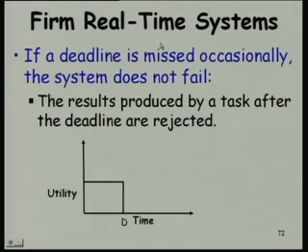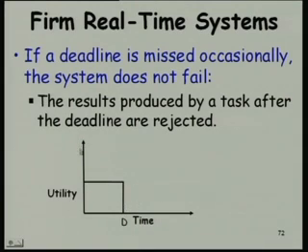A firm real time system is one where even if sometimes a deadline is missed occasionally, the system does not fail, but the only thing that will happen is that the result will be rejected. The result produced after the deadline will be rejected.